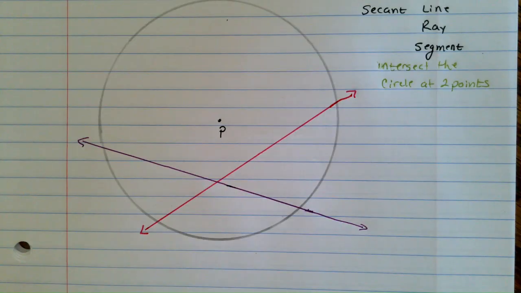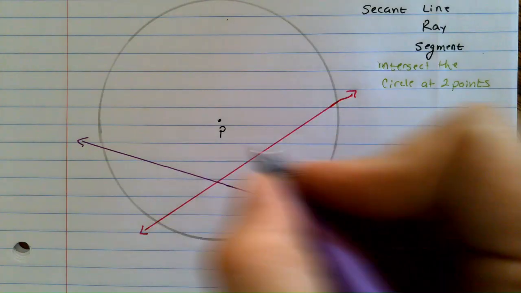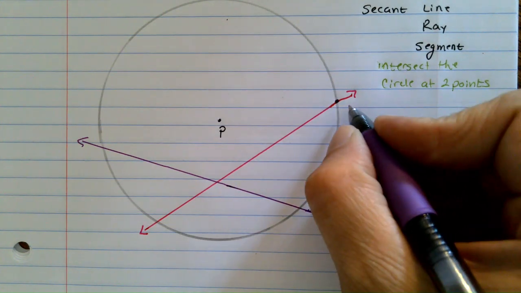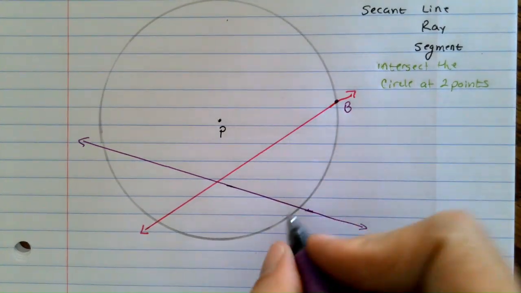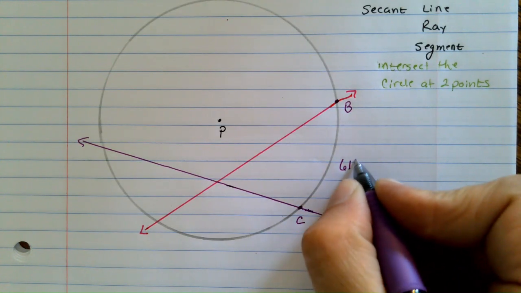Now, what you might notice is that, yes, we did divide the circle up into 4 different arcs. And the angle created, now, you may not see it, but we actually created some inscribed angles here, okay? So I'll label this as B, and this is C. This is 61 degrees.